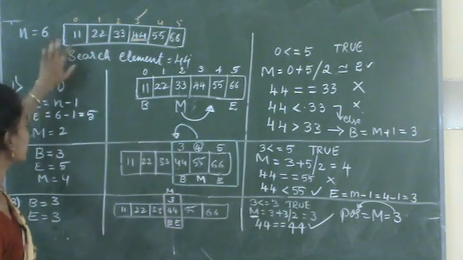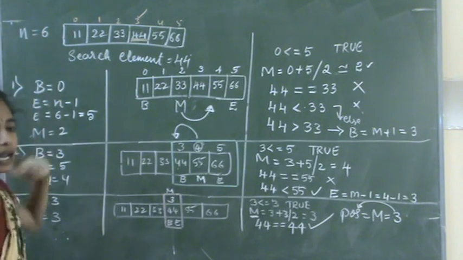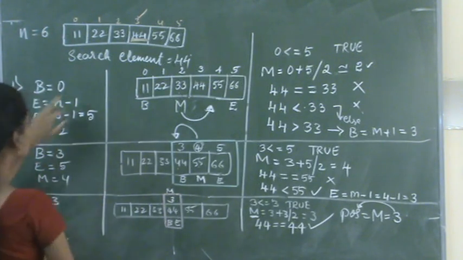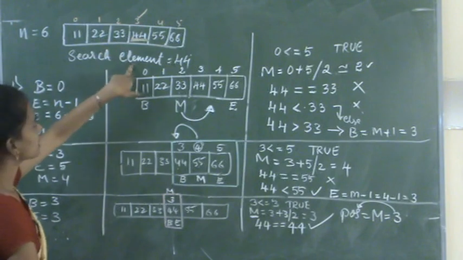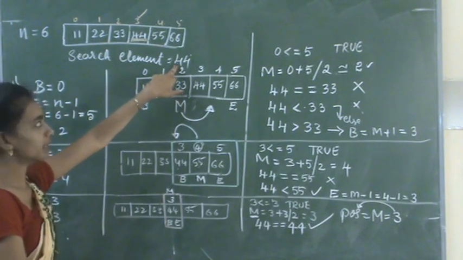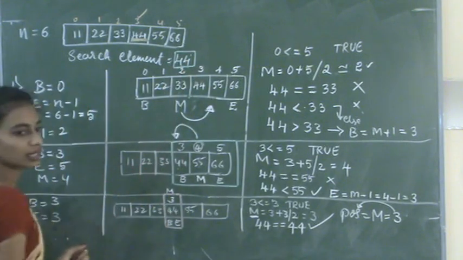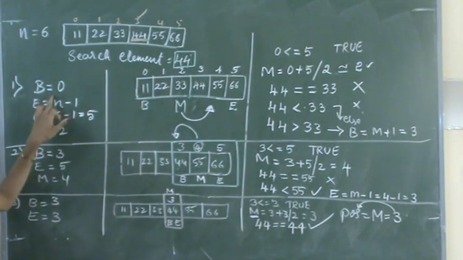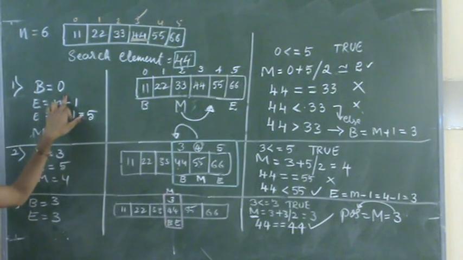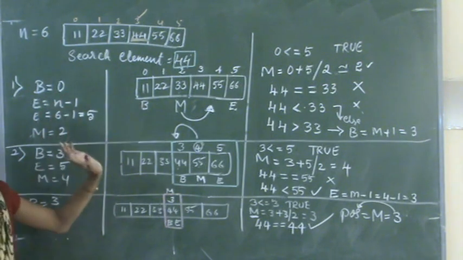So for this array we are applying the binary search. Initially we are searching for the element 44. For this, first we need to assign the beginning and ending of the array.